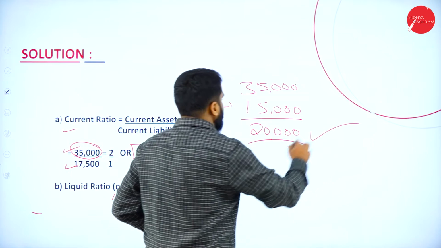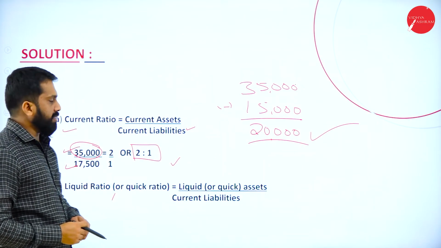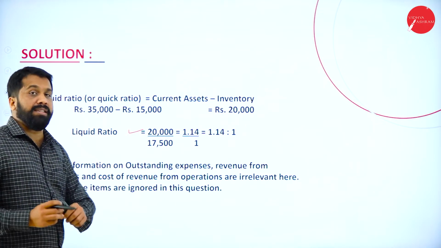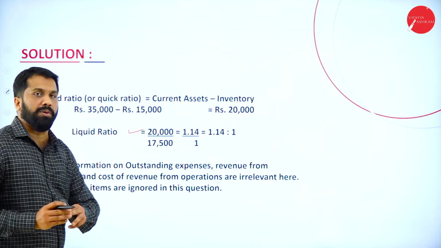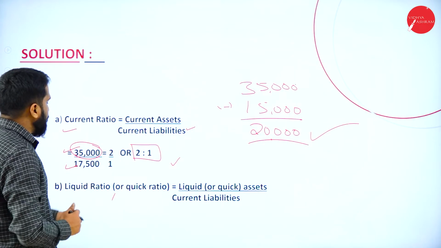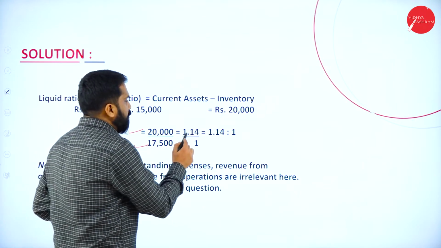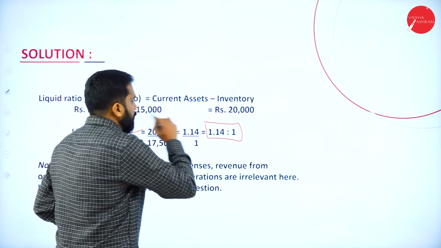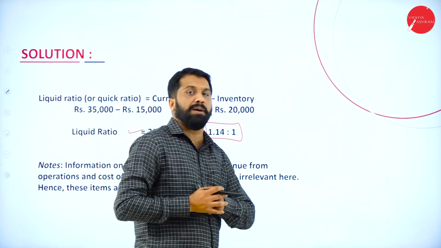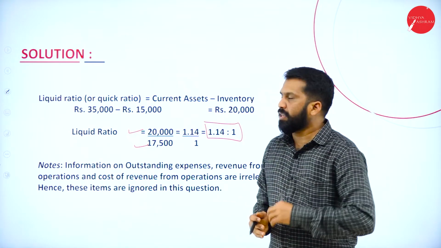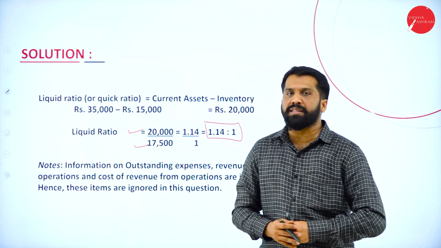Now, 20,000 divided by current liability. Is there any change in the current liability? No. We have to take the exact value of 17,500 only. So the ratio is 1.14:1. Any doubt up to this? I have not explained anything extra in this, because we are doing the same thing as in the previous problem.